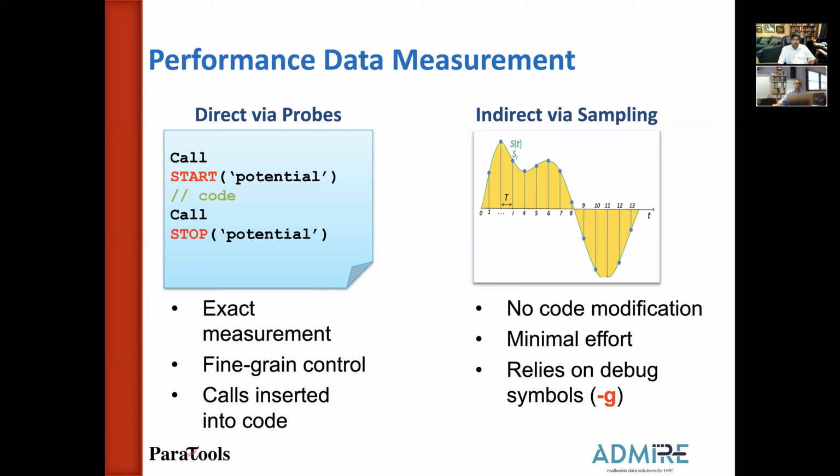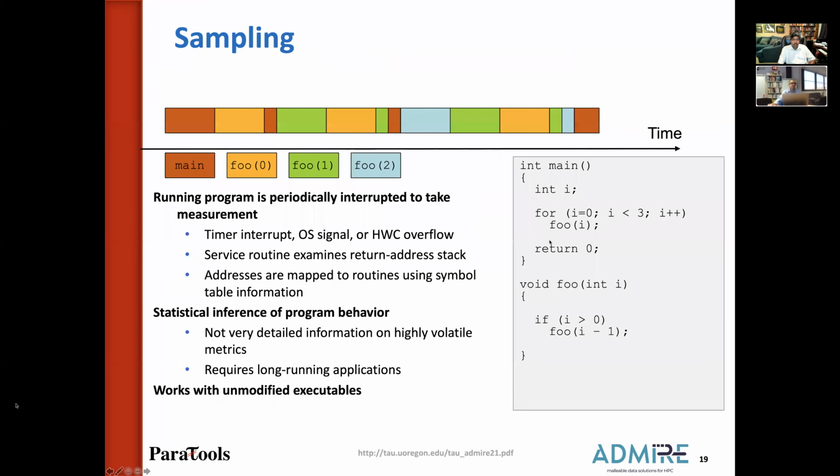So with indirect methods using sampling, we can estimate the time spent in your application using this. And this is how it really works. Your program gets interrupted. This interrupt could be issued by the operating system timer or by an overflow of hardware performance counters, such as from PAPI, where you could say, take an interrupt after 100,000 data cache misses take place.